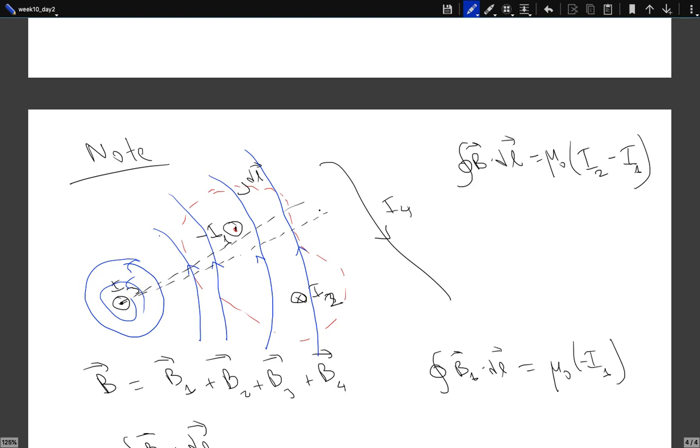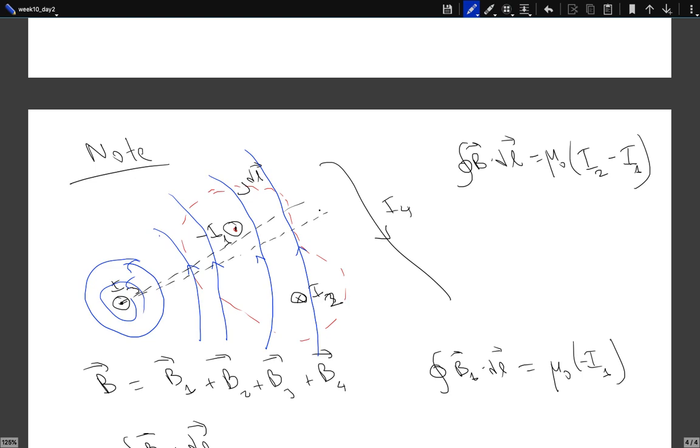B is smaller over here. You are right, B is smaller because I'm at a larger distance. How small? Well, it's inversely proportional to my distance. But now, this dl is larger than this dl. How much larger? Well, this dl is proportional to the distance.